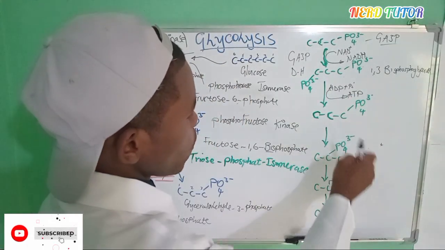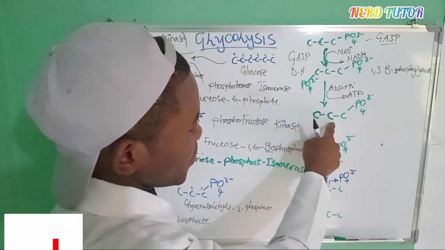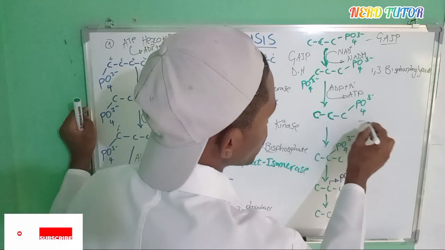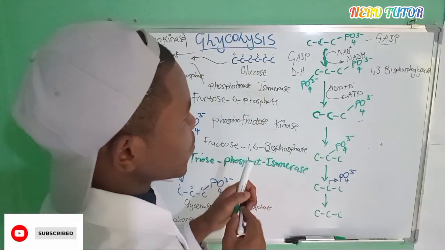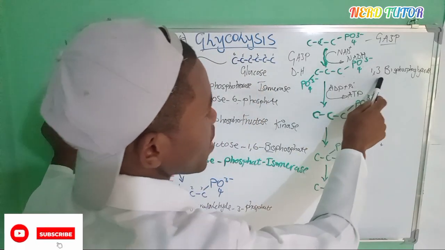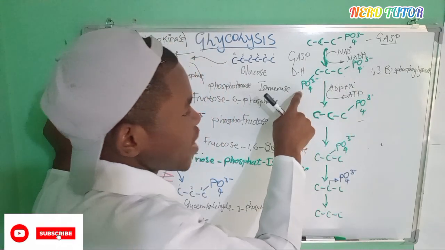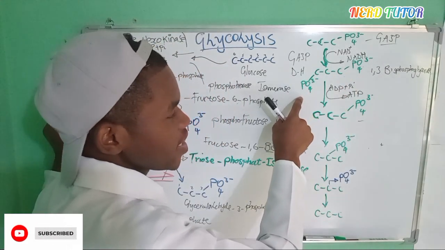So now, what name are we going to give to this molecule which has been produced? This one was 1,3 bisphosphate, the bis because there were 2, the 1 because at carbon number 1 we had a phosphate group.